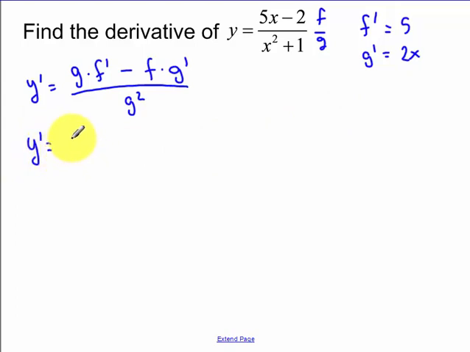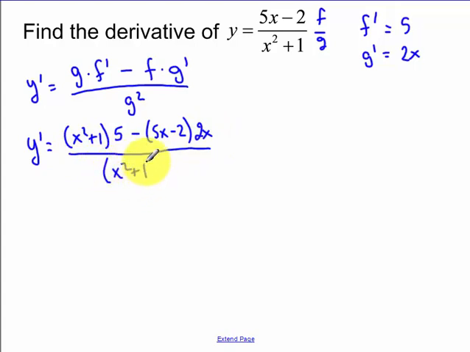Okay, so low d high, which is 5, minus high, which is 5x minus 2. D low, we have that as 2x. Draw a line, square the below. Okay, so simplifying that, I'm going to go through this kind of quickly because that tends to be the boring part of the videos, but that's often where I make my mistakes, like right there.